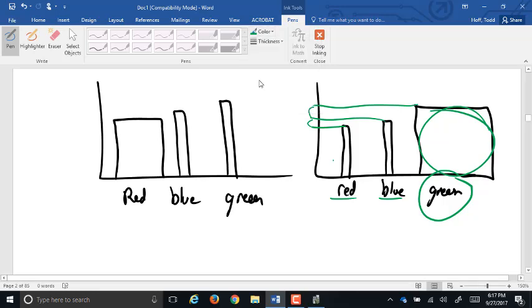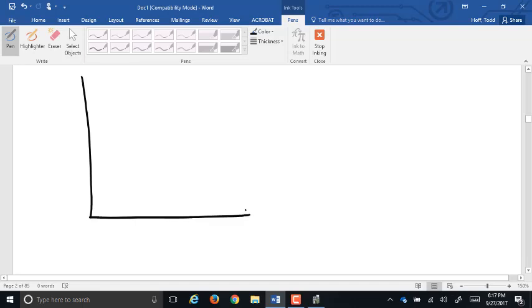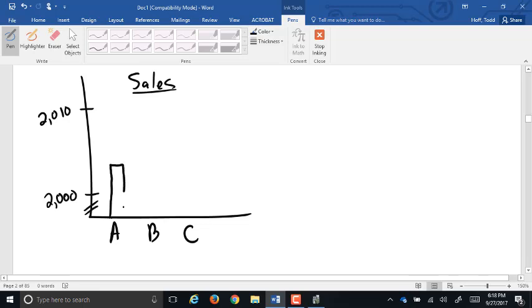Here's the other thing that gets done. Let's say we want to compare annual sales for companies A, B, and C. Looking at that, how would you compare the sales for company B to the others?